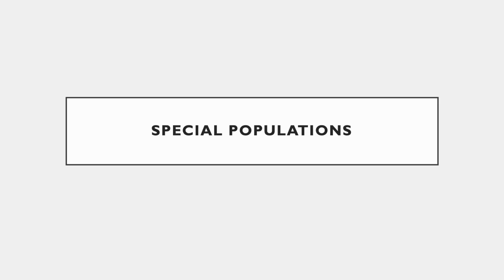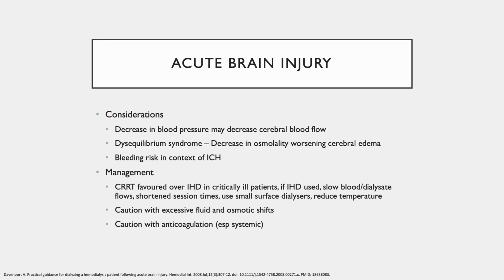So we'll end off with just looking at a few special populations that will require special attention. So the first is patients with acute brain injury. So the important considerations is that decreases in blood pressures or fluctuations in blood pressures may cause changes in the cerebral blood flow.